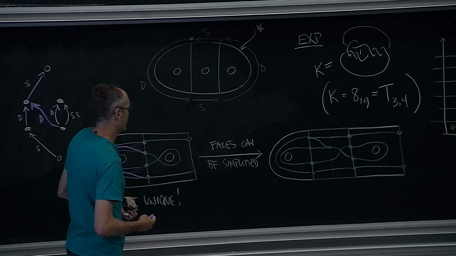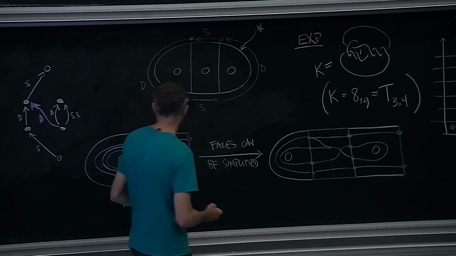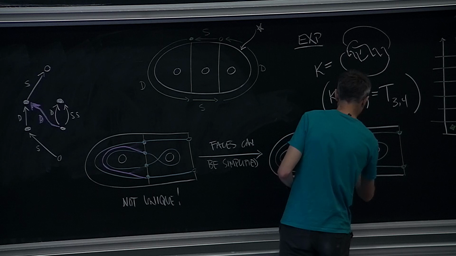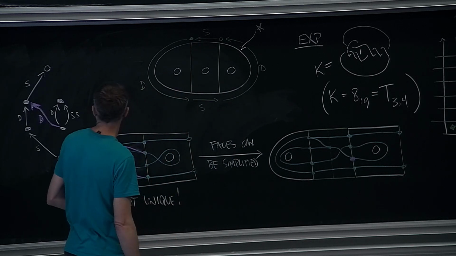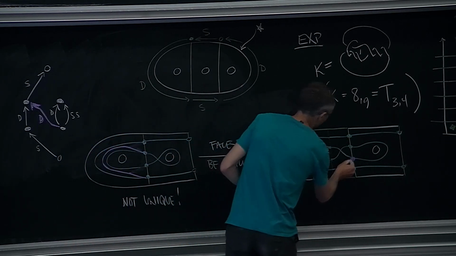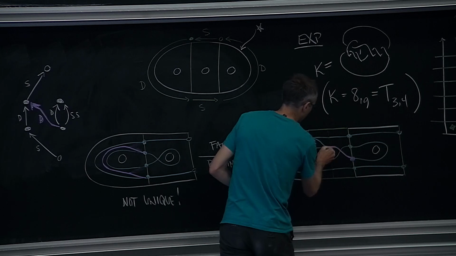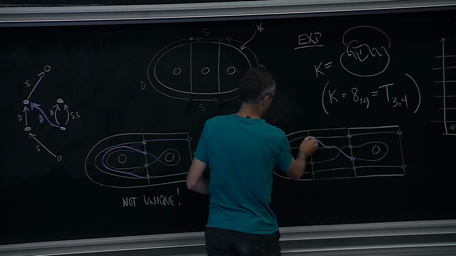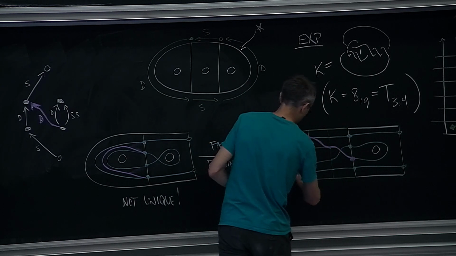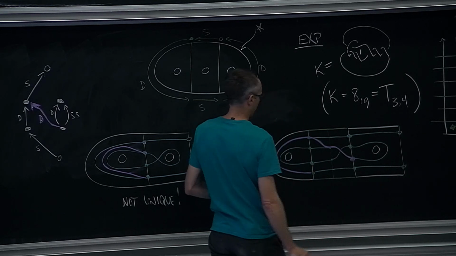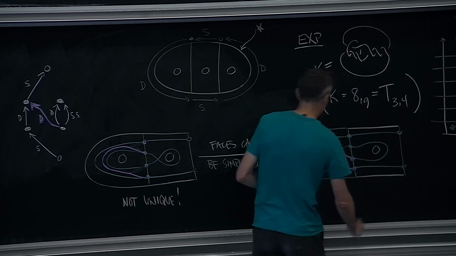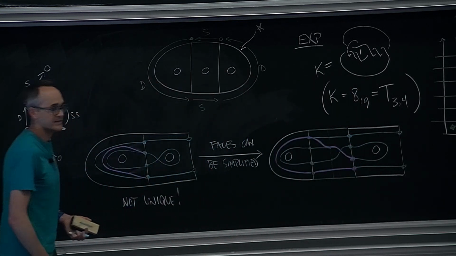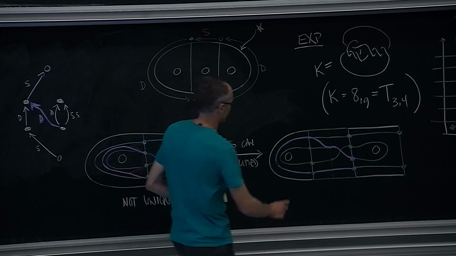The purple curve now leaves from here and runs up the blue, up again, and around. That's that D. Somehow these ones, maybe.